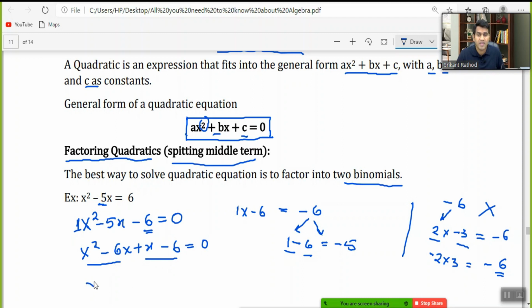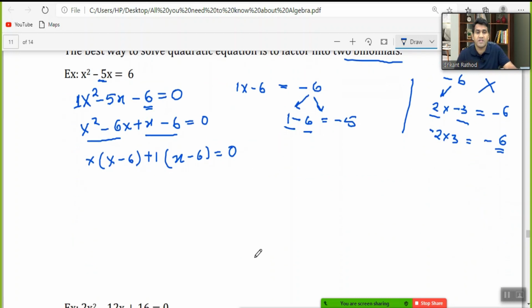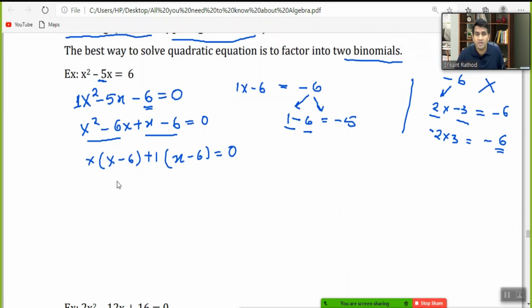You can take x as common out, then it becomes x minus 6, plus 1 as the common factor, as the common factor for x and negative 6 is 1. There are no other numbers which are common. So I can say in the bracket here, left with x minus 6 equal to 0. After taking out the factors, in here the same expression, that is x minus 6 and x minus 6, is common.